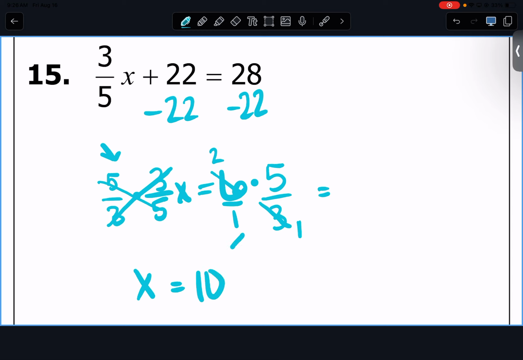Now, if that method confuses you, don't do that method. You could have said 6 times 5, which is 30, all divided by 3, which is still going to give you 10. Either method is fine with me. Does that make sense? You're doing it mathematically correct both ways. I'm just showing you a different way to work it.